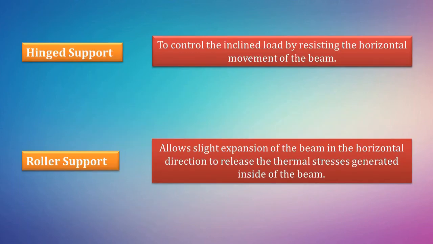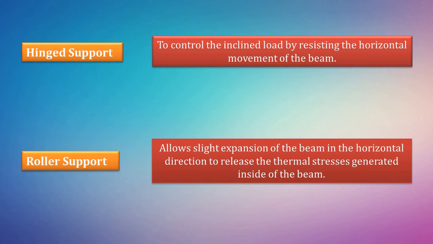So from the above two cases, we understood that the purpose of the hinge support in the structure is to control the inclined load by restricting horizontal movement of the beam, while the roller support helps in releasing the thermal stresses generated inside the beam by allowing slight expansion of the beam in the horizontal direction.